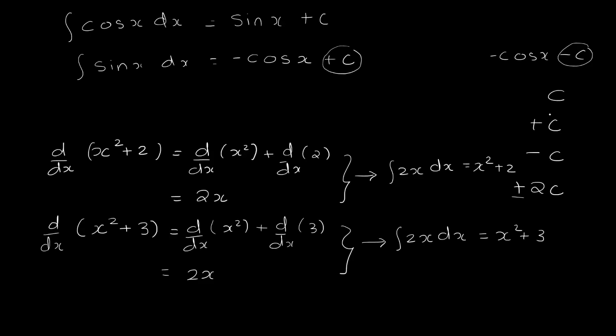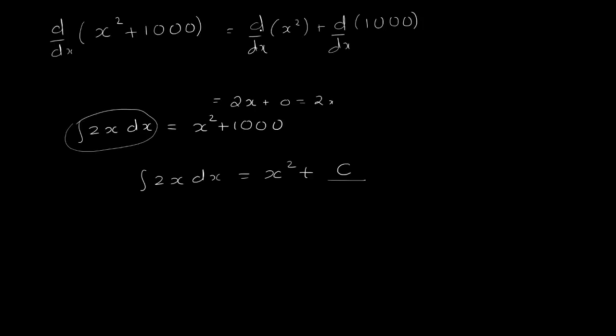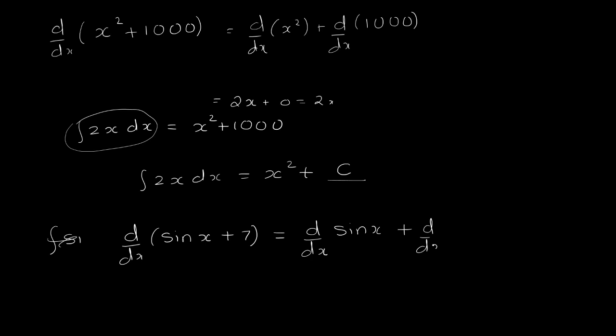Similarly, consider the integral of cos x dx. If you want the derivative d by dx of sin x plus 7, it will be d by dx of sin x plus d by dx of 7. It is cos of x plus 0. So from this we have the integral of cos of x dx is equal to sin of x plus 7.